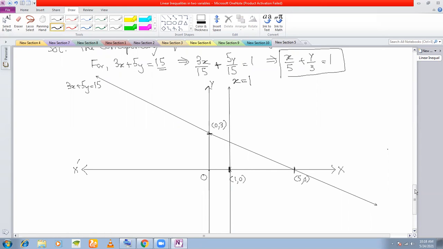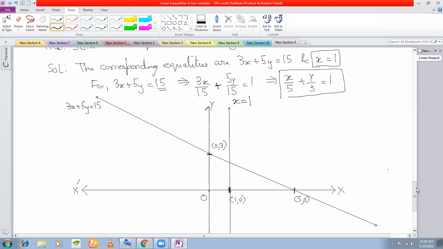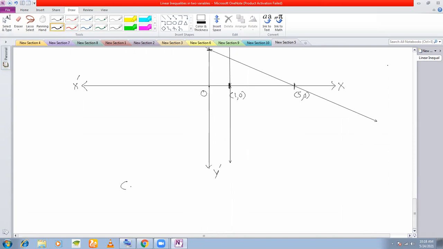Consider the first line, 3x plus 5y is equal to 15. In fact, we consider the inequality 3x plus 5y less than or equal to 15. Okay.